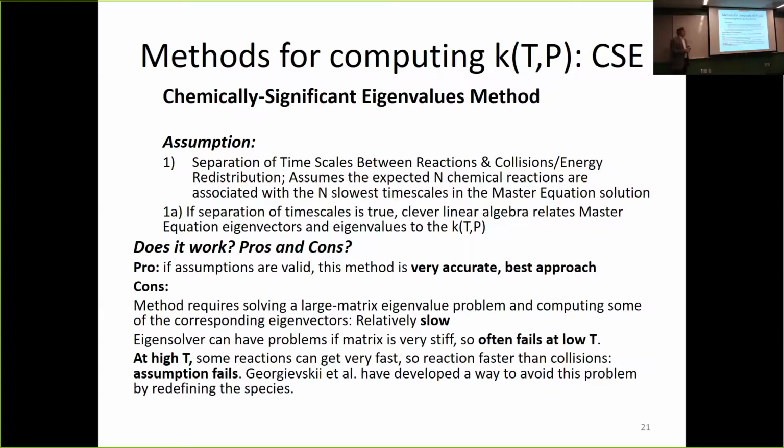So what Georgievsky's method does is analyze at high temperature, identify when this kind of problem is happening, and say, whoa, whoa, whoa, your definitions of species are all wrong. You shouldn't have rate coefficients for C goes to D anymore because you're at such high temperature and such low pressure that those two are no longer separate species. From the point of view of bimolecular reactions, they always react as a single species in equilibrium.